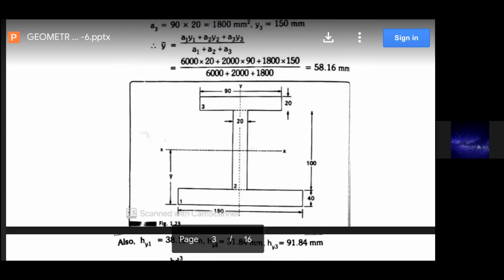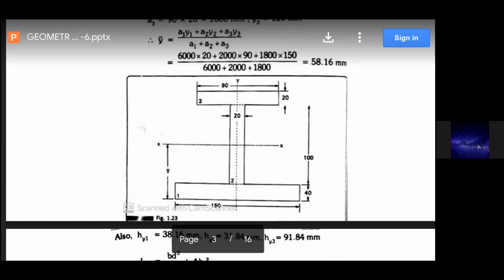So here we have to follow 6 steps. First step, we have to divide the given composite section into standard individual sections.